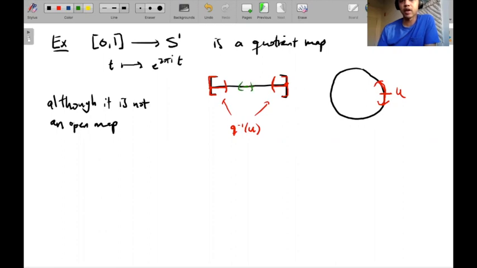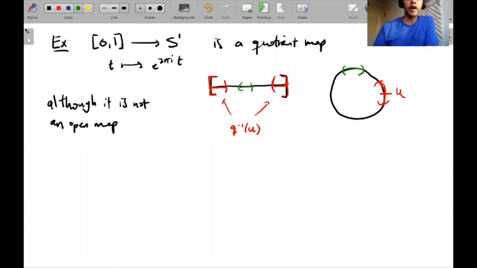If you take any open interval in here, the image is going to be some open arc like this. I realize this is potentially confusing, but I encourage you to think about it some more, or ask me about it.